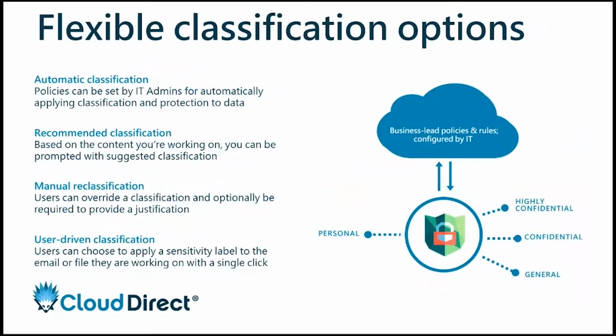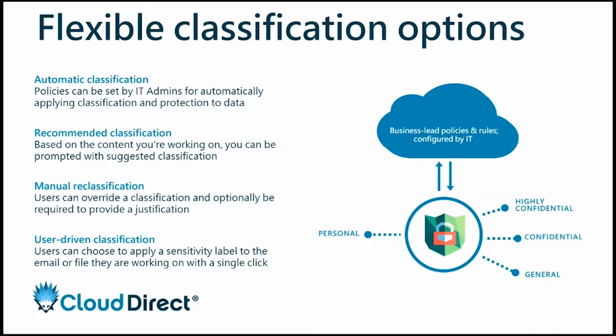Depending on the license you go with, some of these options can be automatically classified. So if it detects a spreadsheet with a load of credit card numbers in there, it'll apply the credit card protection policy to that file, for example. Instead of doing automatic, it can also recommend the classification. Other licenses, you have to manually classify documents, but you can also reclassify documents.